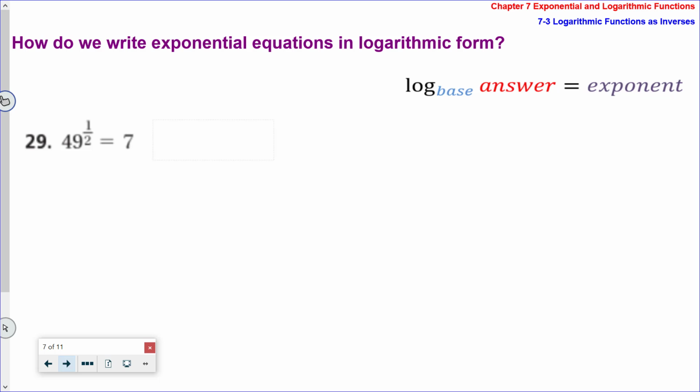Go ahead, Jordan. Log base 49 of 7 equals 1/2. So I hope at this point everyone understands how to take an exponential function and rewrite it in logarithmic form.